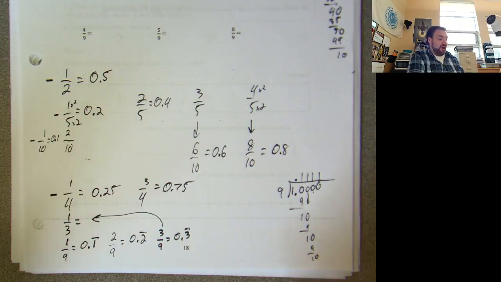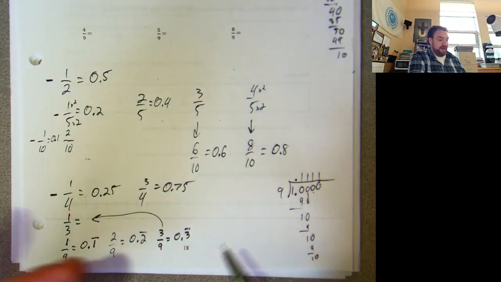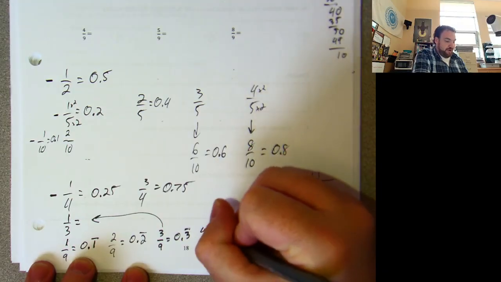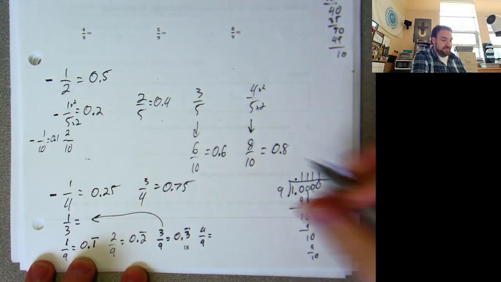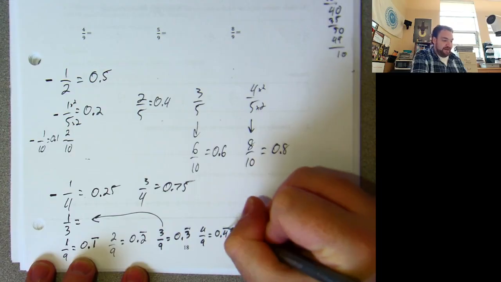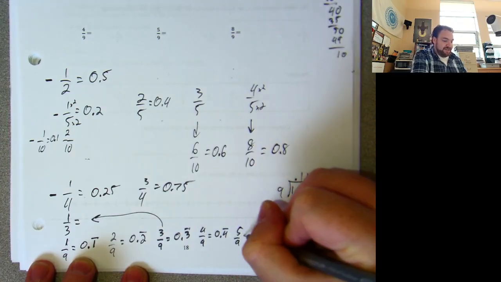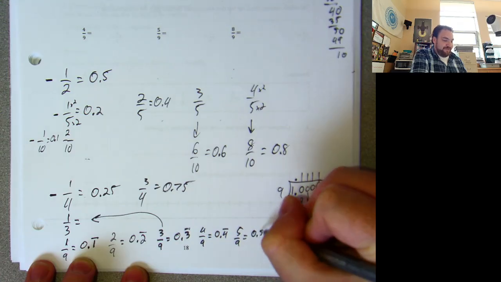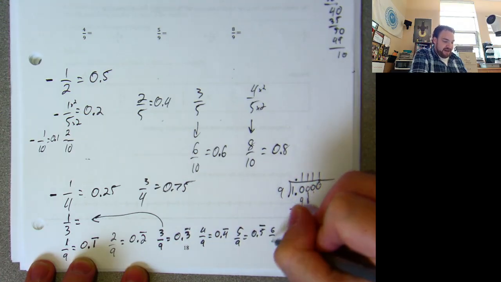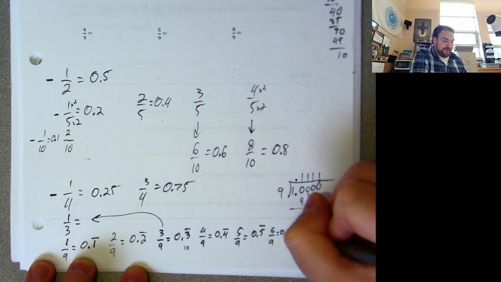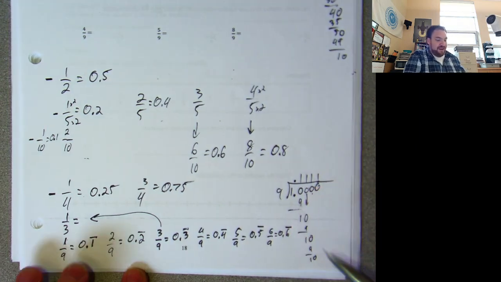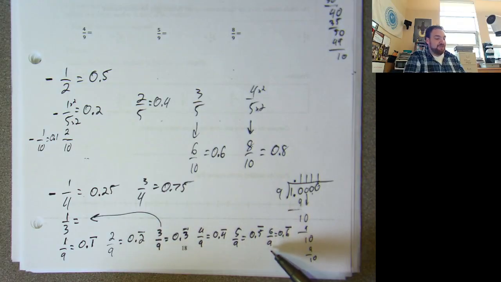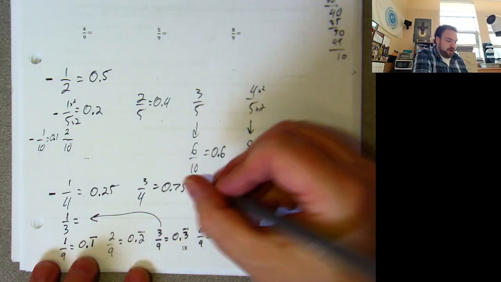So my thirds are 0.3 repeating. So then 4/9 is going to be 0.4 repeating. 5/9 is 0.5 repeating. 6/9 is going to be 0.6 repeating. But look, if I reduce 6/9, what is it going to reduce to? 2/3.